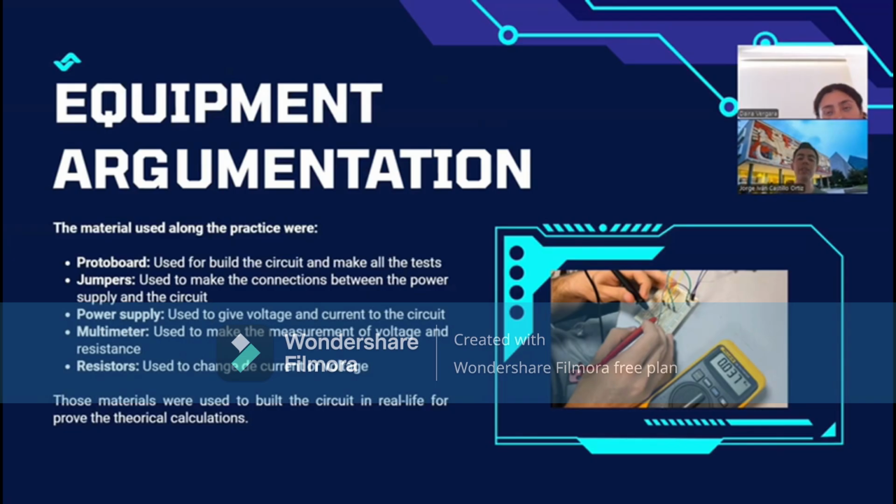For making measurements of resistances, voltages, and also the amperage, we use a multimeter. And finally, we use the resistors to change the current or the voltage along the circuit. Those materials were used to build the circuit in real life to prove the theoretical calculations.